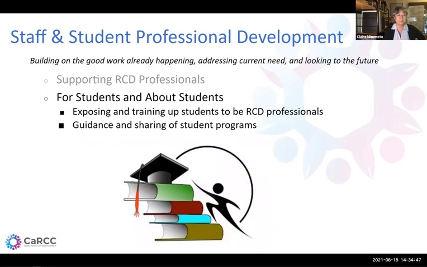Next slide, please. Thanks. In the second area, we want to address students. Those who are working with us already in research, computing, and data in student roles, and those who want to develop into RCD professionals. Perhaps they don't want to be in an academic career track, a faculty career track. And again, building on the good work going on now to provide examples and resources to build your own student programs.